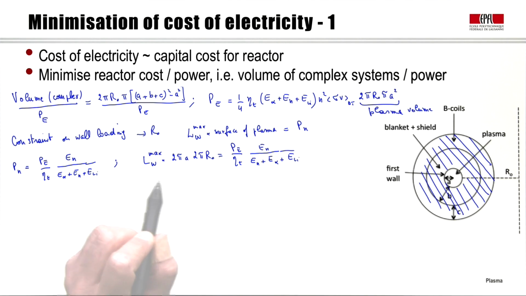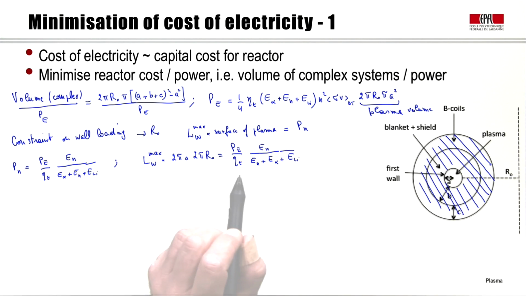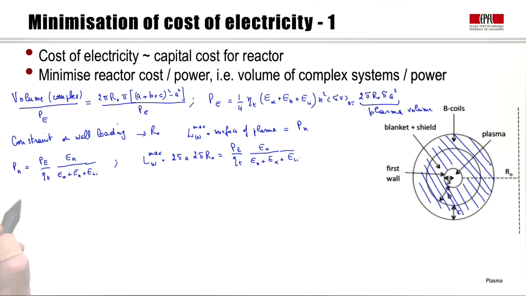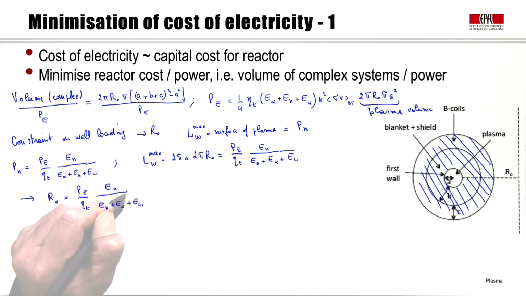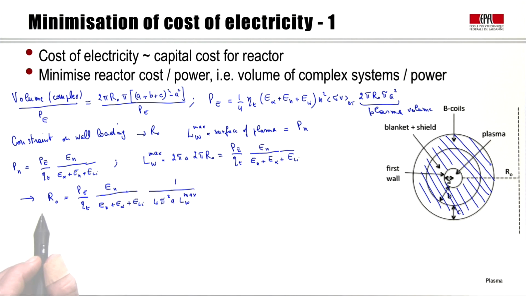Again, the maximum wall loading times 2 pi a 2 pi r0, which is the surface of the plasma, is equal to the neutron power. So we can extract r0. So r0 is P over eta t times the fraction of the energy that's in the neutrons divided by 4 pi squared times the radius of the plasma times the maximum wall loading we can cope with.